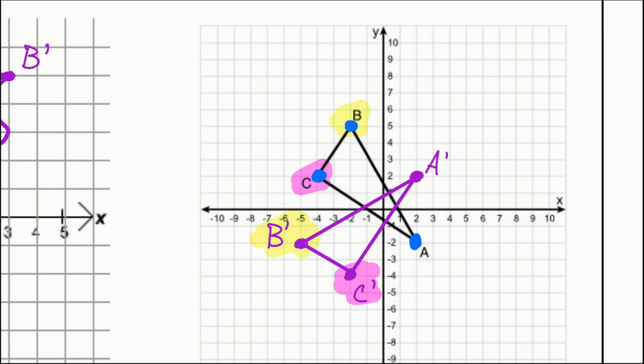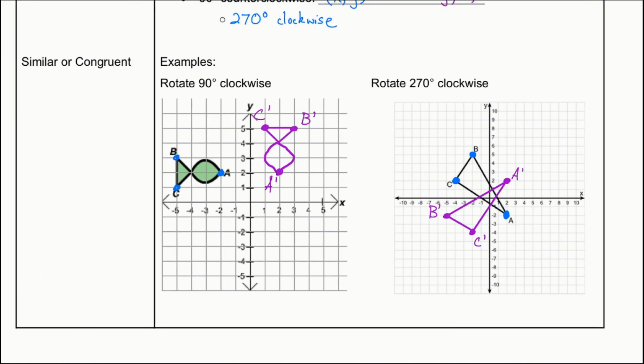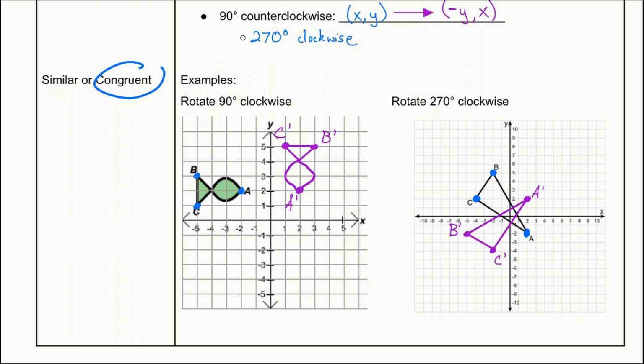So just keep that in mind. There is a difference between rotations and reflections. Since this is the same shape and the same size, these guys are congruent. And that's it.